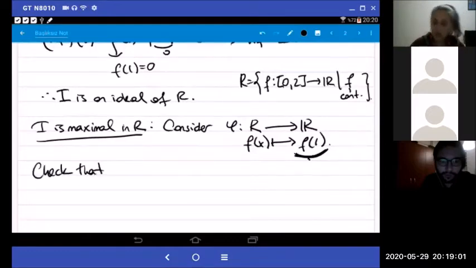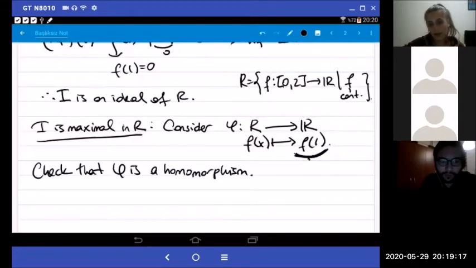Do you want me to check that this phi is a homomorphism? Is it okay for all of you? Let me look at the chat. Okay. Now I think it is all okay for you to check that such a map is a homomorphism.